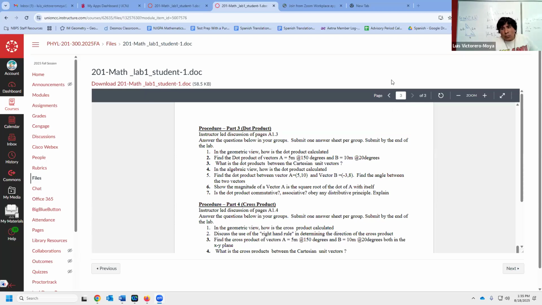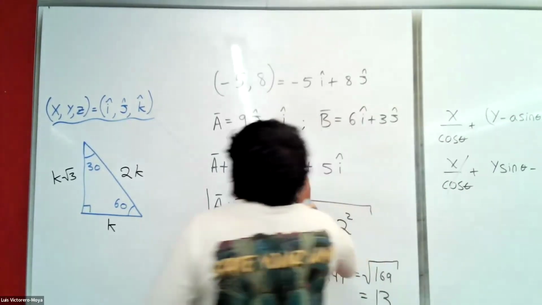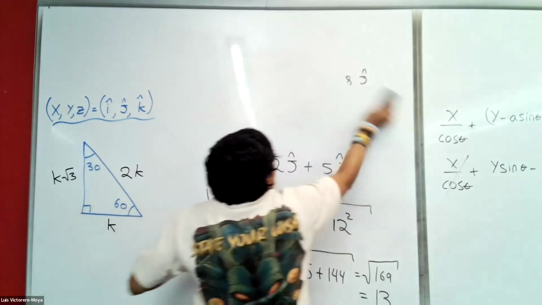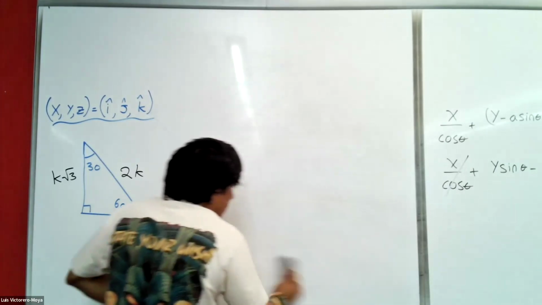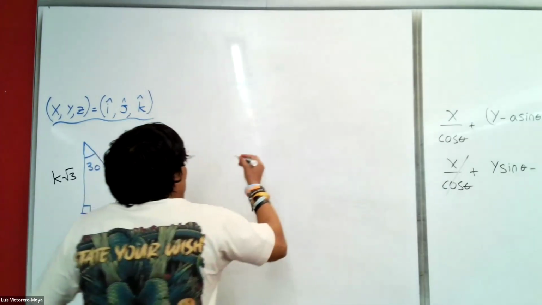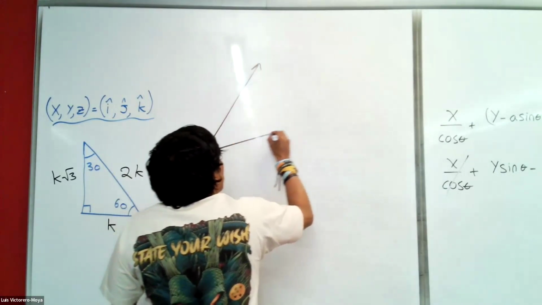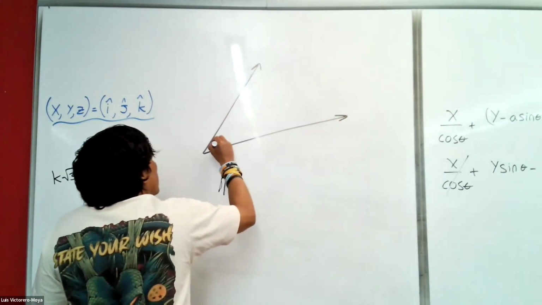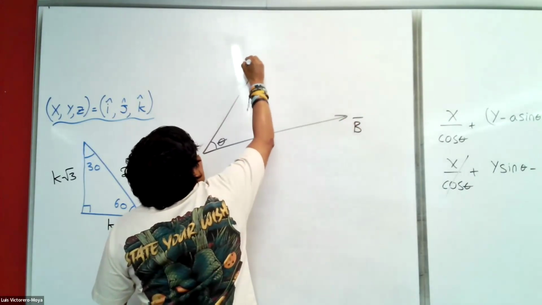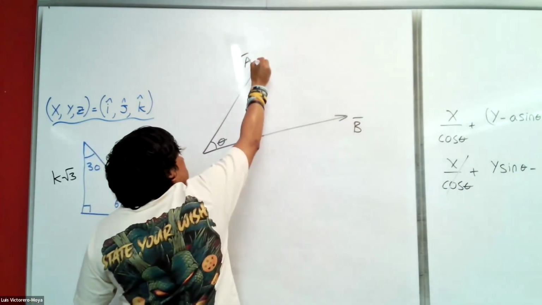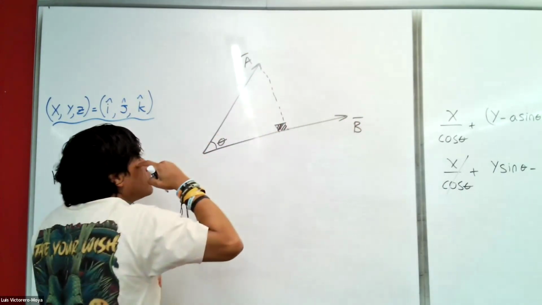view. The geometric view for a dot product, guys, you can find it in the textbook, but the way we think about the dot product is by projections. So you have a vector A and a vector B at some angle theta, and you're trying to project this vector here.